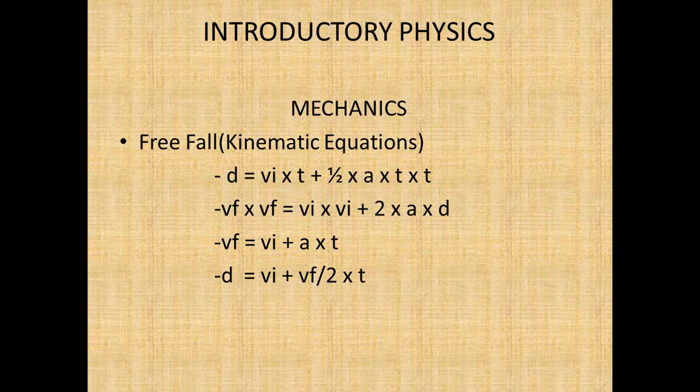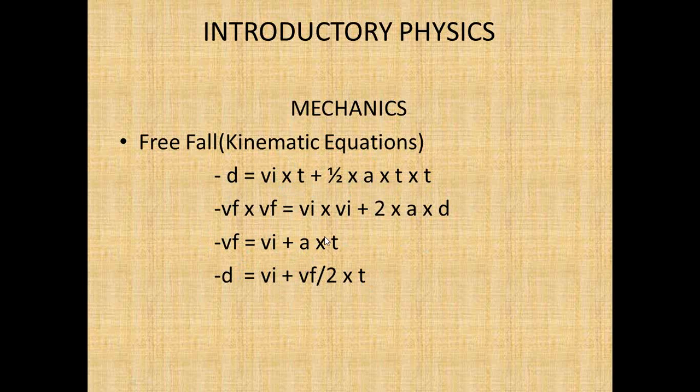We will show you how to derive these equations. But this one is relatively simple because it is just the definition of acceleration. Remember, acceleration is equal to change in velocity with respect to time.